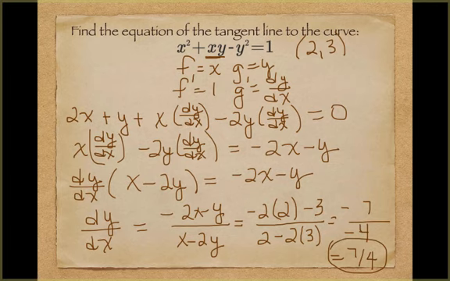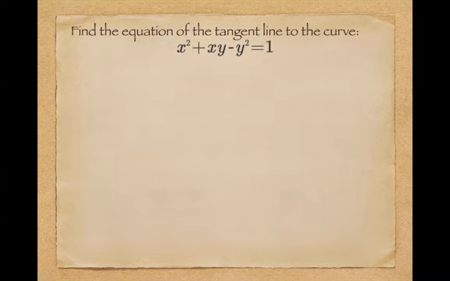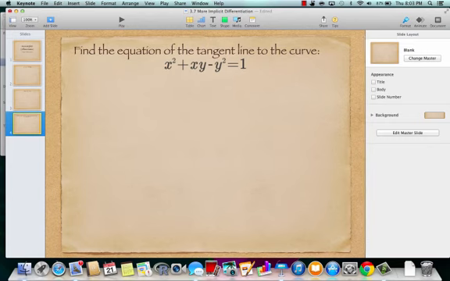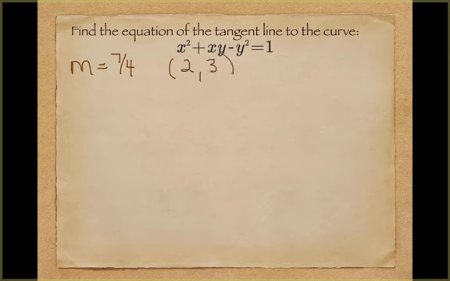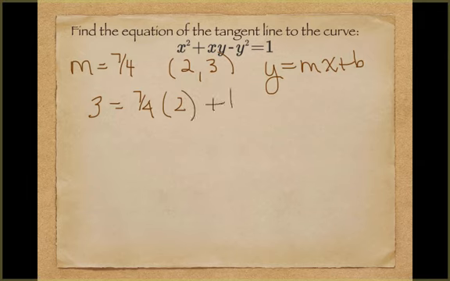Now we need to write that equation. So my slope is 7/4. My point is (2, 3). Again, we're going to use y equals mx plus b. So I have 3 equals 7/4 times 2 plus b. 3 equals 7/2 plus b.